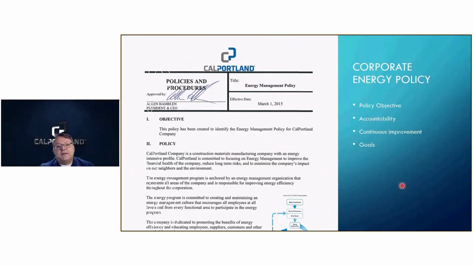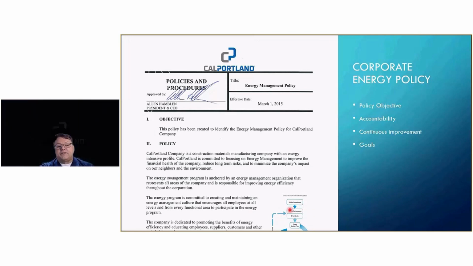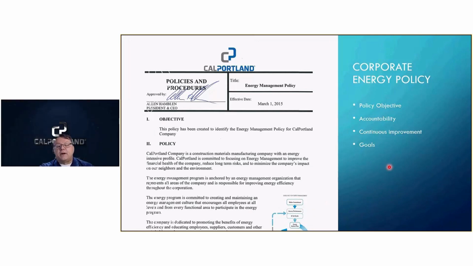We have a documented energy policy signed by Alan Hamlin, and this identifies the energy management program as an important part of Calportland's program. It's cut off at the bottom of the screen, but you can see the 7-step process right there in the policy. It's important to note that Calportland has a policy directed at energy management, making sure that we focus on energy management to achieve our goals.